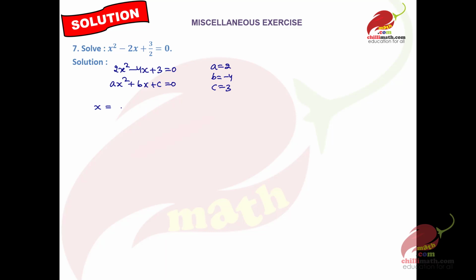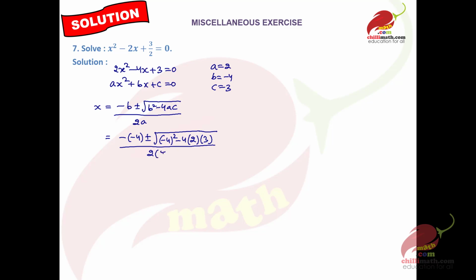Now using the formula to find roots, that is x equal to minus b plus minus square root of b square minus 4ac over 2a. Putting values of a, b, c, we get minus of minus 4 plus minus square root of minus 4 whole square minus 4 into 2 into 3 upon 2a.